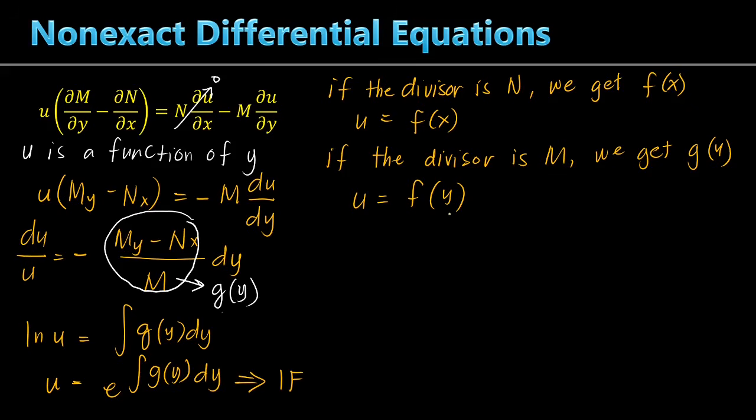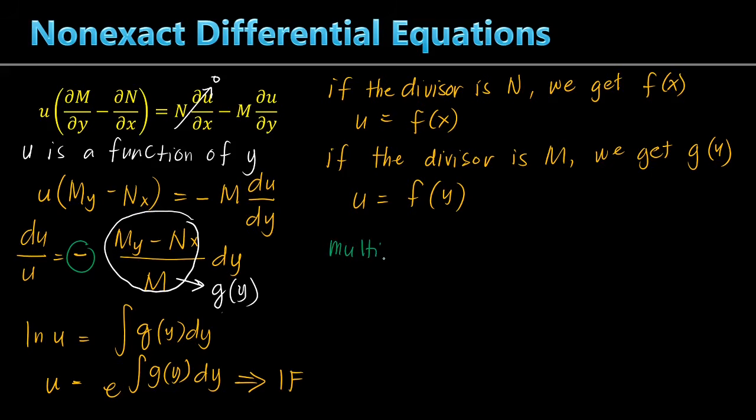And another important thing na huwag makakalimutan, kapag ang divisor mo ay m, may negative na multiplier. Take note of this kapag ang ginamit mo na divisor ay m, nagkakaroon tayo ng negative na multiplier. So huwag kakalimutan. Once na nahanap na natin ang integrating factor, whether it's a function of x or a function of y, imumultiply mo lang siya ngayon sa given DE.